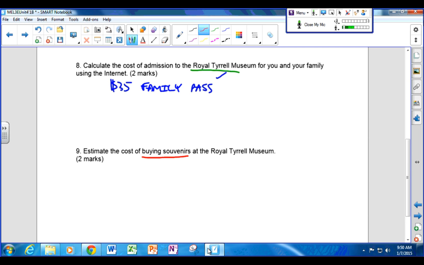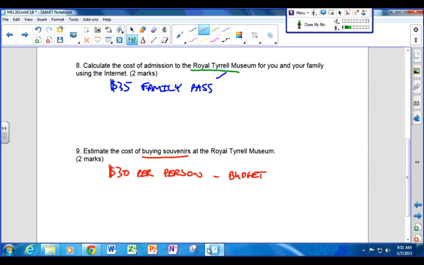So we're going to spend maybe $30 per person, right? That's our budget. So that's it, $30 per person. That's how much you're going to spend there.